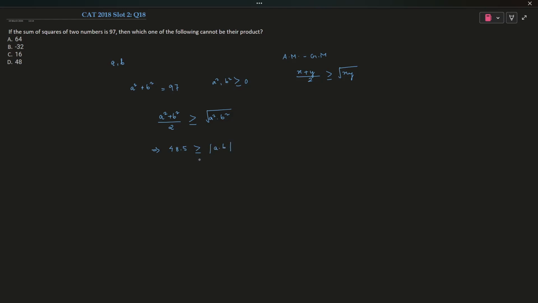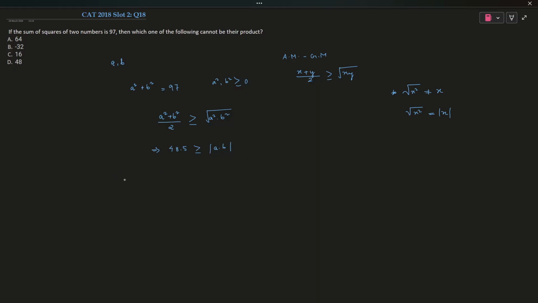Be very careful guys, under root of x square is not equal to x. This is a very important property that you should know. Under root of x square is actually equal to mod x, so this will come out to mod of a into b.